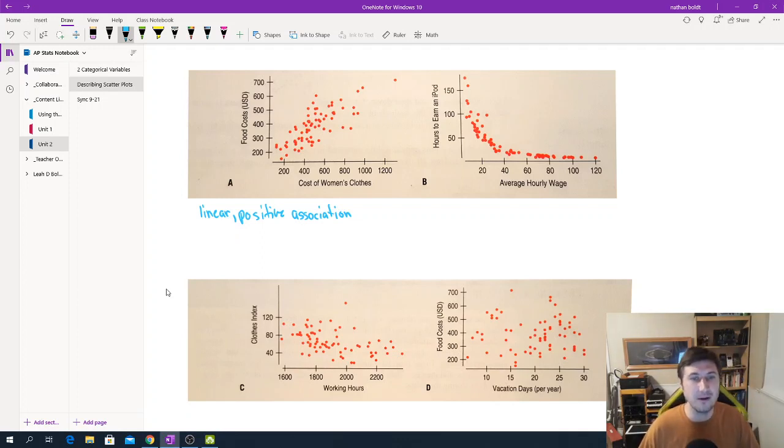A positive linear association, and that one's probably moderately strong. You'll get a feel for the strength just through practice. All right, those dots look like a pretty good straight line, so I might go moderately strong on that one. All right, next one over here, definitely not a straight line. The curve is generally going down, so this is a negative association.